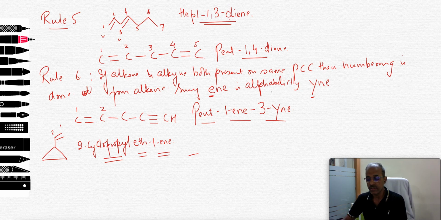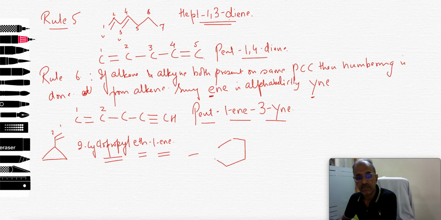Suppose now again I take one more. I will take a last example. Suppose this is... no, the numbering I have to do. Then obviously I have to do the numbering.